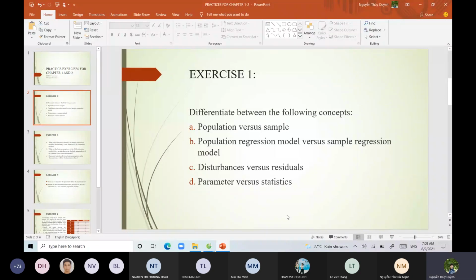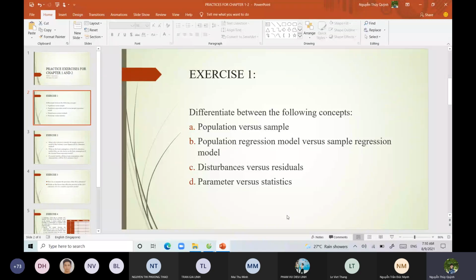Okay. So, firstly, what is a population regression model? It is usually a principle or a rule that we use to show the dependency of the dependent variable on the independent variables. Okay, and that rule can apply for the whole population of interest, right?